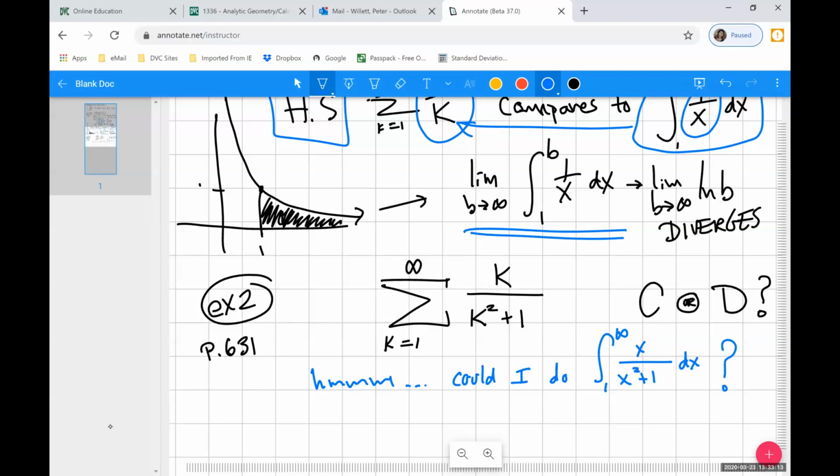Or at least could I determine whether that converges or diverges? So if you were looking at this not as a series problem, but as an integral problem where you're trying to find an antiderivative, do we think we could come up with the antiderivative or the integral for x over x squared plus 1?